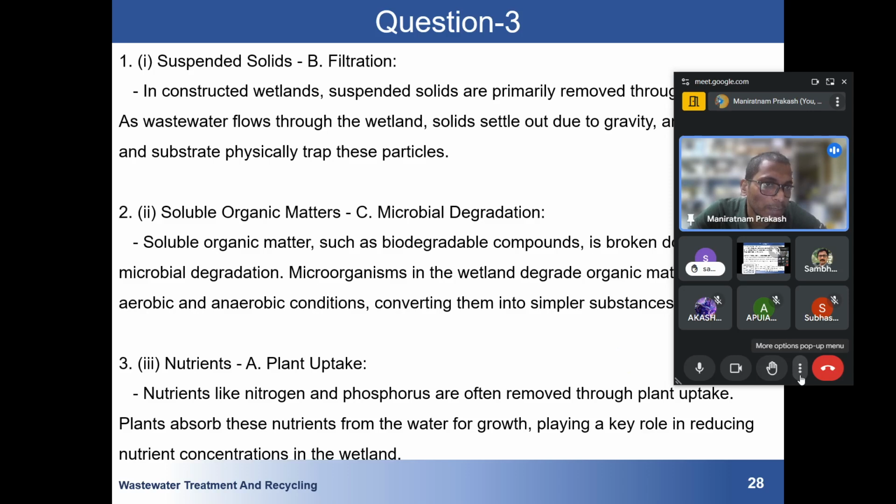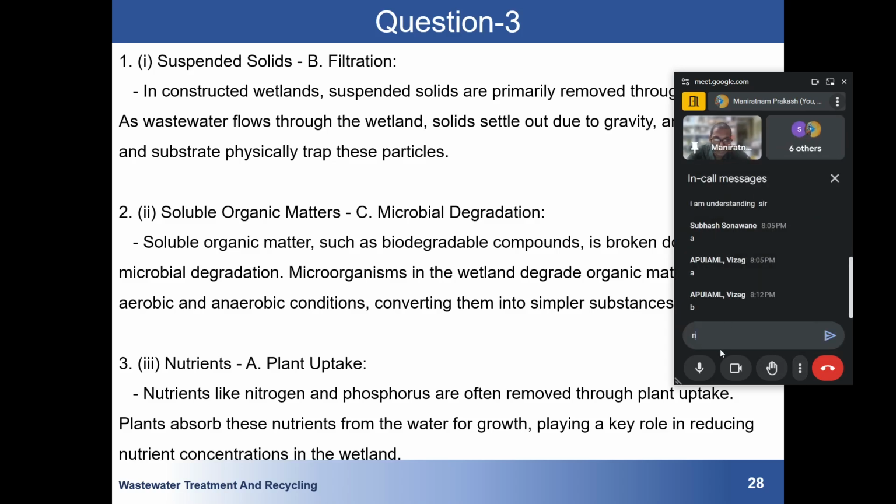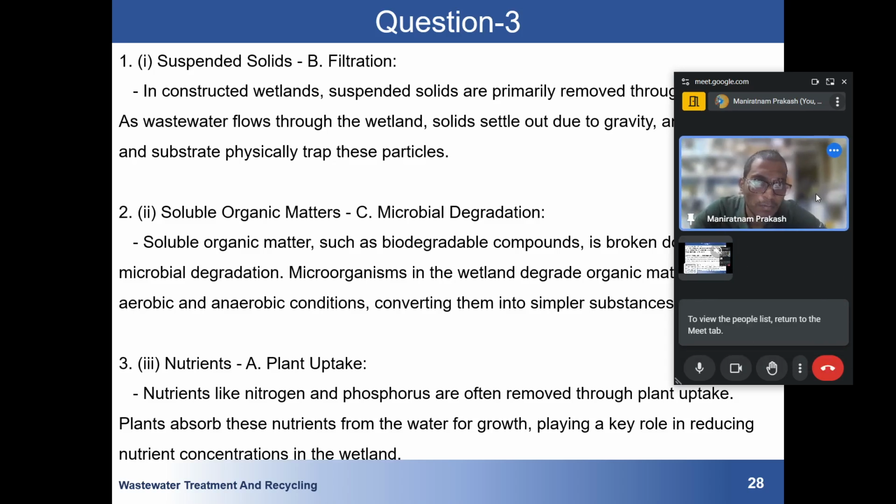Your voice is not coming. We are not able to hear you. You can write in the chat box.